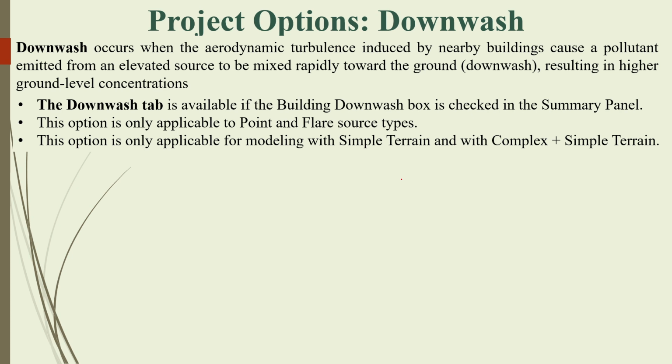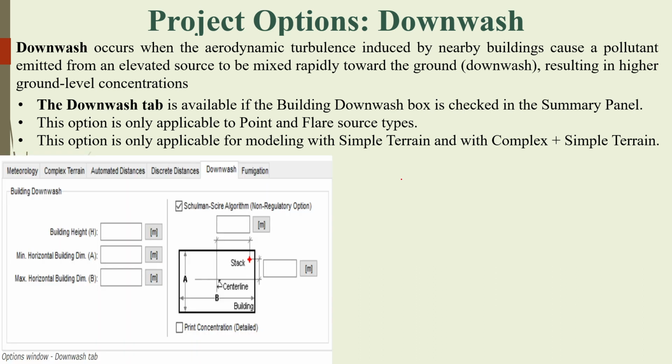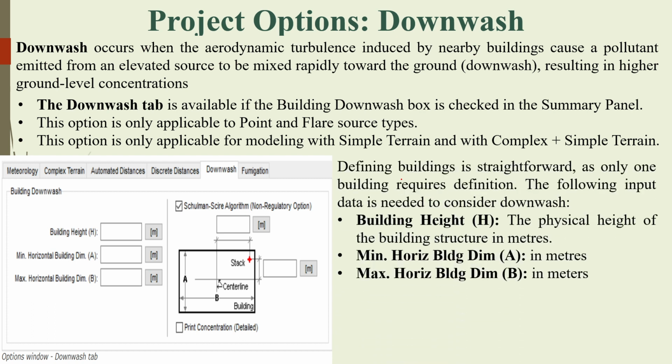The downwash tab is available if the building downwash box is checked in the summary panel. This option is only applicable to point and flare sources, and only for modeling with simple terrain and with complex plus simple terrain.